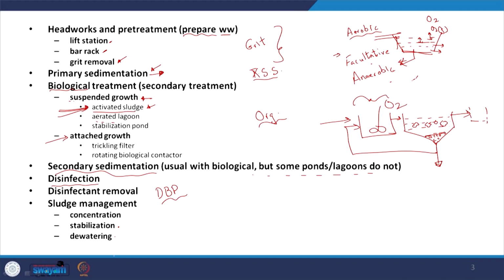So what do you need to do? As we looked at in the video earlier, we have to dewater it, and then stabilize it. We are not going to go into that in detail now, but depending upon the kind of plant, people can also look at energy recovery from the decomposition or stabilization of the sludge.